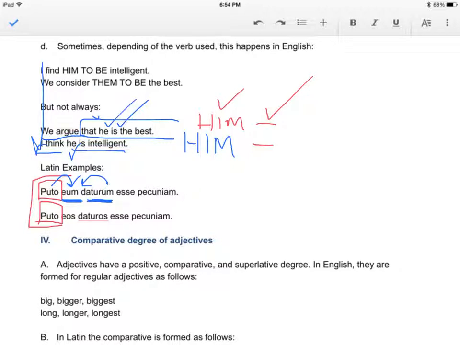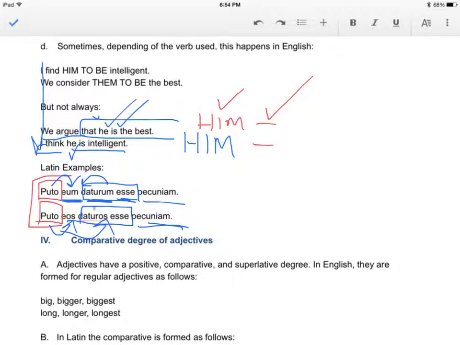I think him to be about to give, daturum esse, to be about to give, that's the future participle periphrastic. I think him to be about to give money. You don't say it like that in English. You'd say, I think he is about to give money. The second one says, puto eos daturos esse pecuniam. I think them to be about to give money.